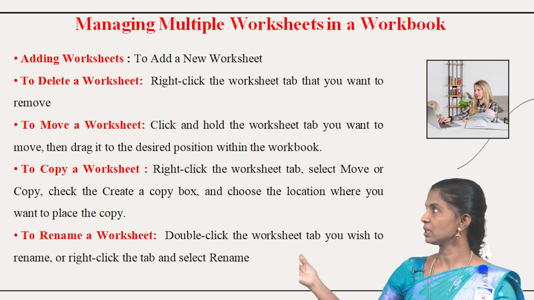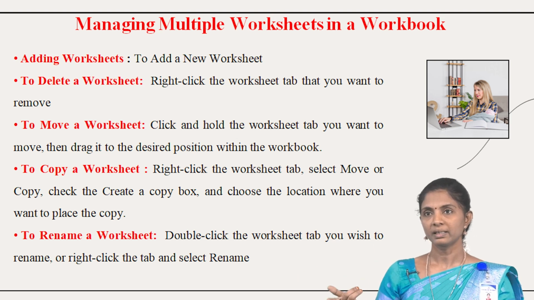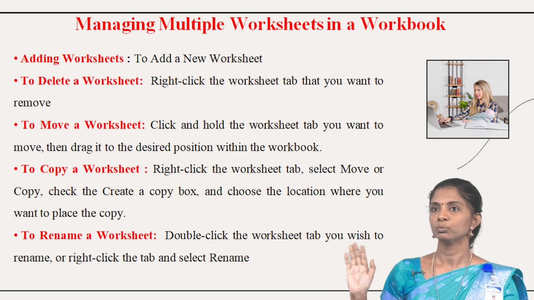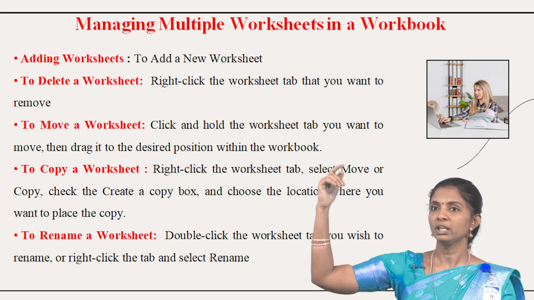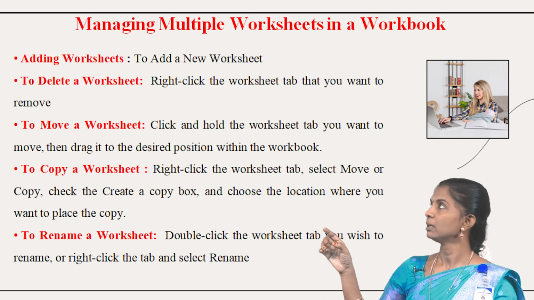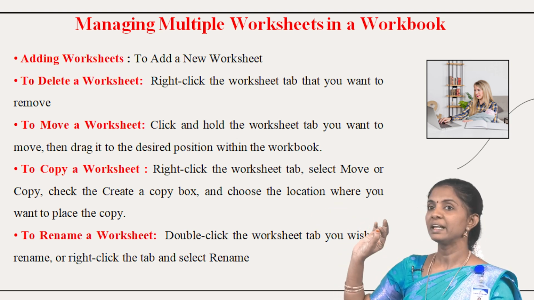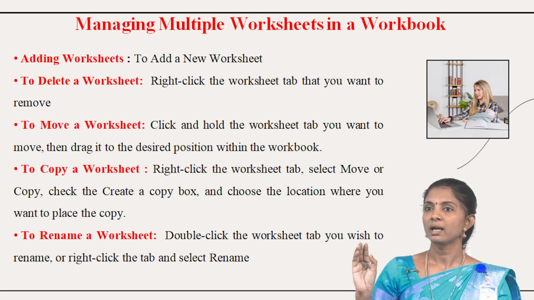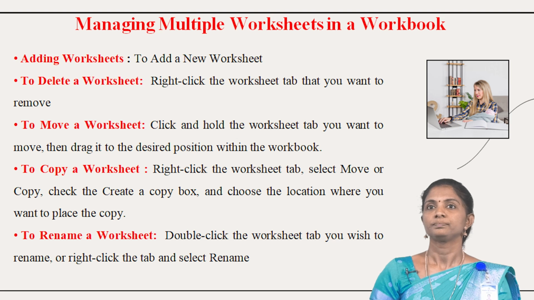How to delete a worksheet: right click on the worksheet tab that you want to remove, then select Delete. Alternatively, go to the Home tab, click on the Delete drop-down in the Cells group and choose Delete Sheet. Excel will prompt a confirmation since deleting a worksheet cannot be undone.